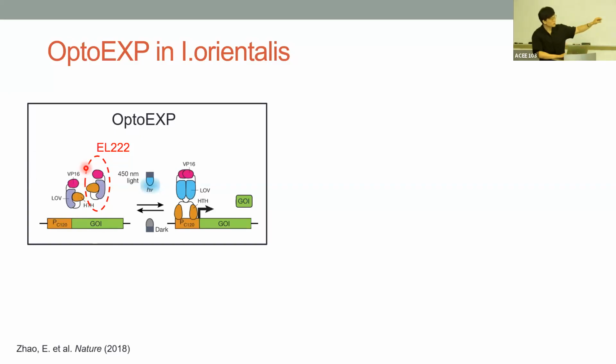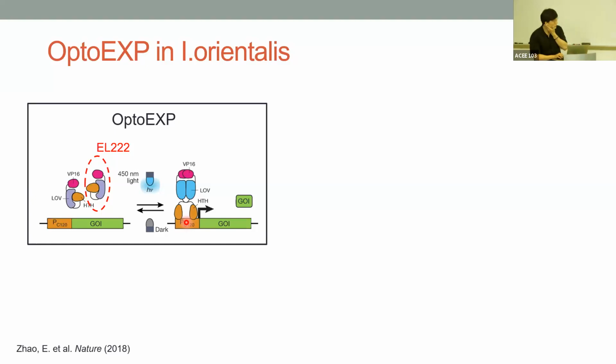Now in the dark, the DNA binding portion is docked against the protein. So it doesn't bind the promoter and doesn't make any gene of interest that you have downstream. Only when you shine light, the protein unfolds and dimerizes, allowing this DNA binding domain to bind the cognate promoter, making the gene of interest.